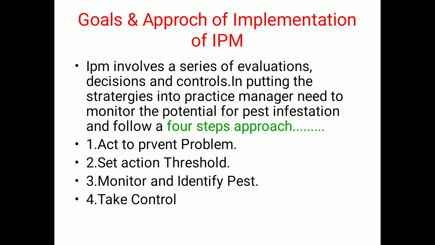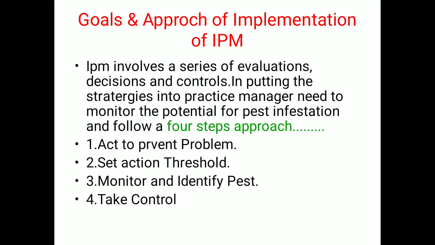And if with the help of such biological agents, cultural methods or mechanical methods, proper control is not achieved, after that we have to use the suitable chemicals for control of that particular pest.